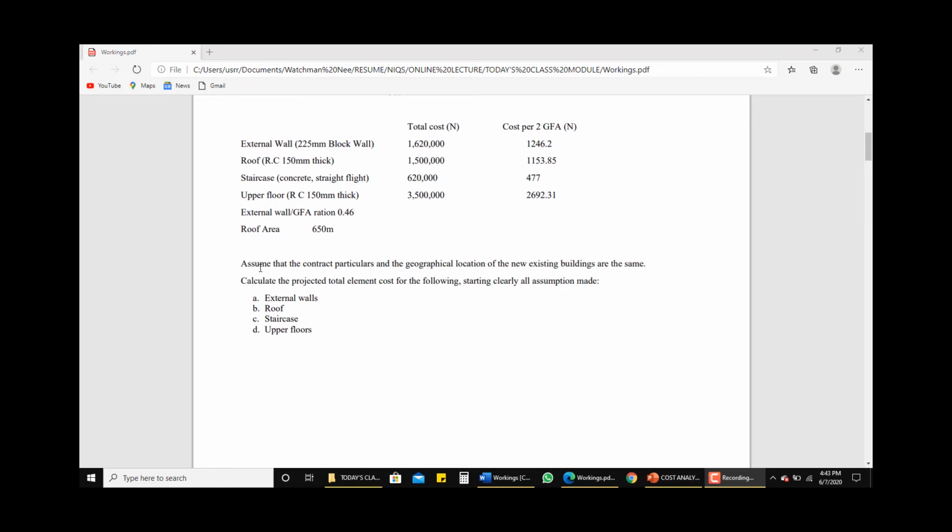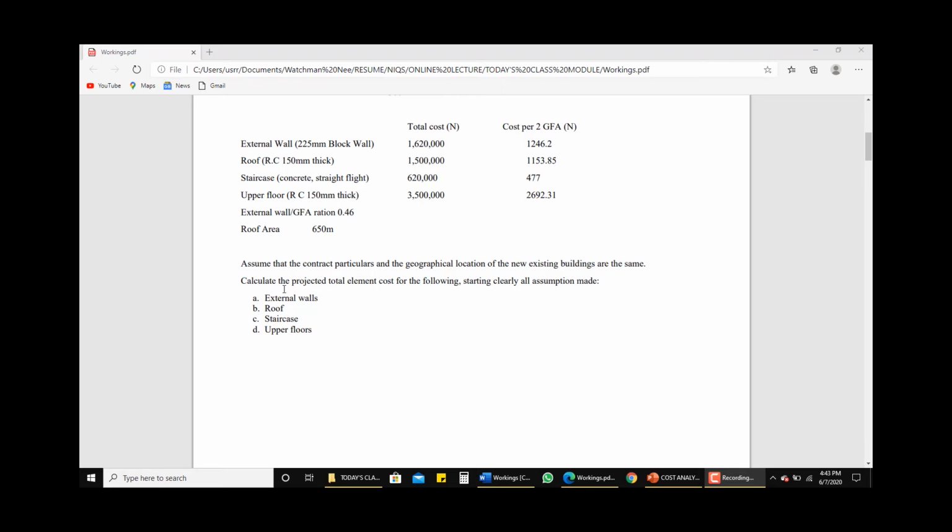Now, it goes further. It says to assume that the contract particulars and the geographical location of the new and existing buildings are the same. There's a typographical error here. Calculate the projected total element cost for the following, stating clearly all assumptions made.